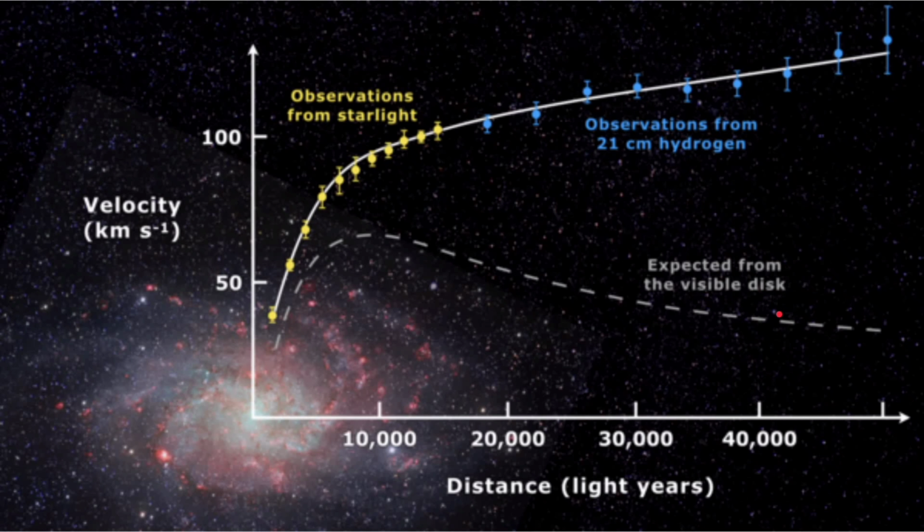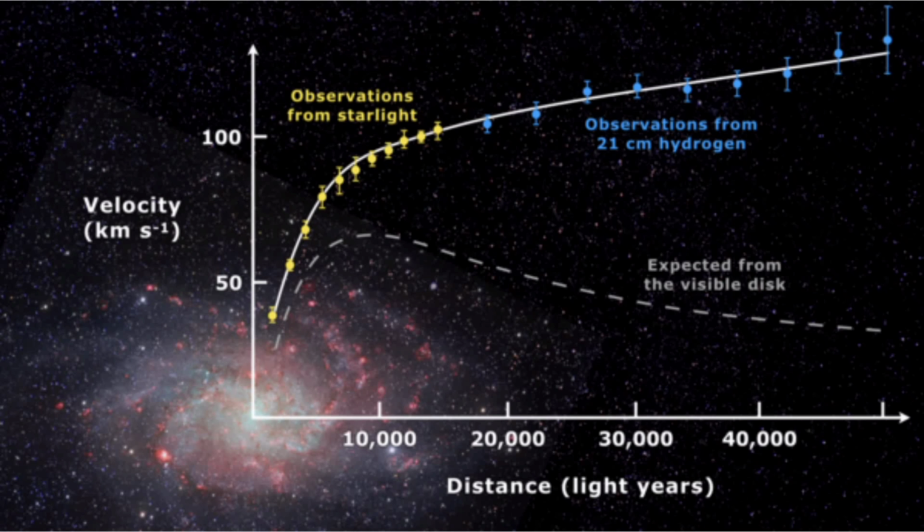But what we observed from the galaxy is much different. This white line is the rotational curve which we have observed. Here we can see that as the distance is increasing, the velocity or the rotational speed is also increasing, which means that there should be more matter or more gravity in the outer parts of the galaxy.